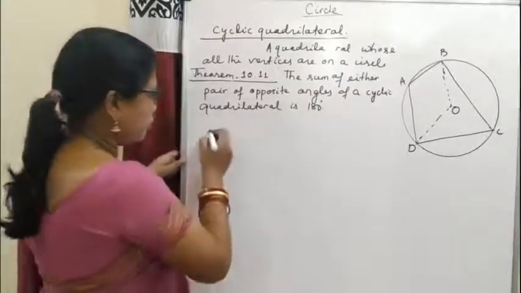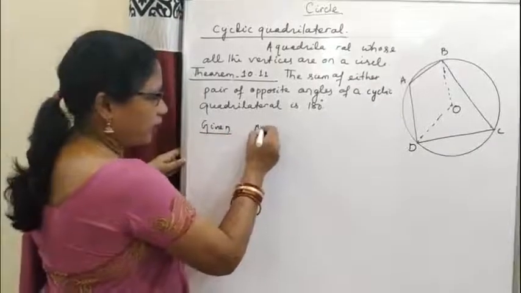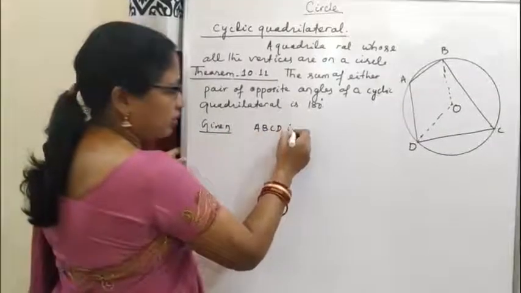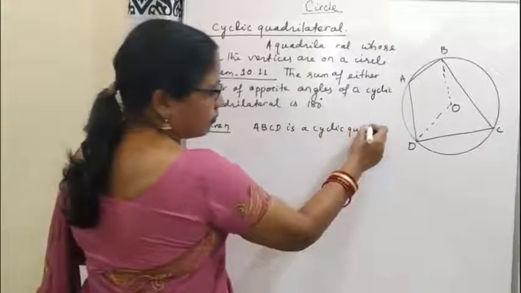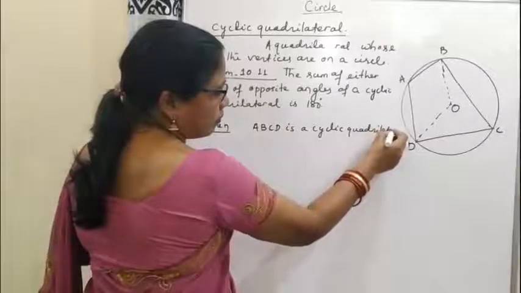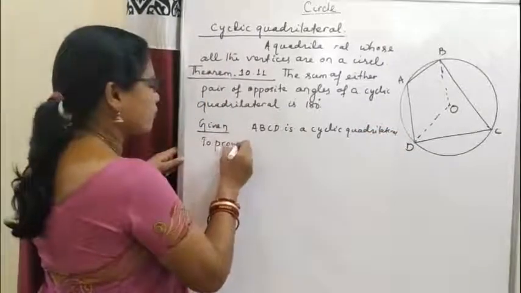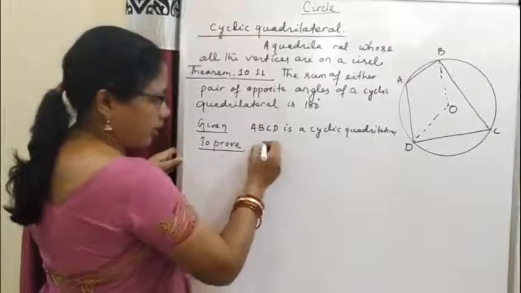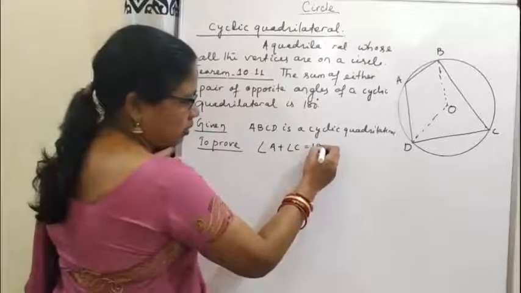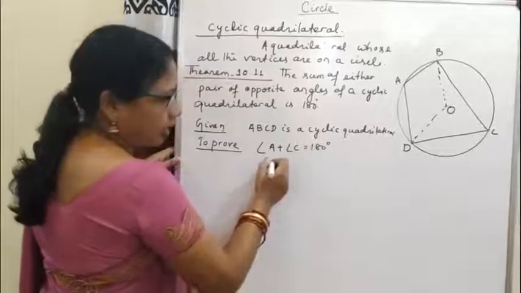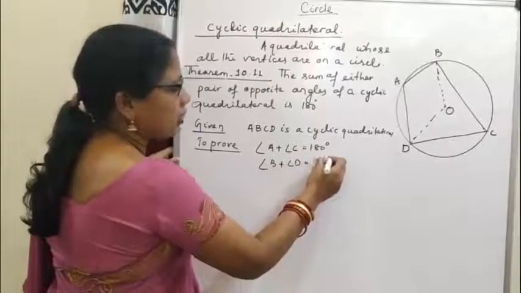So we have to prove. So here given, ABCD is a cyclic quadrilateral. We have to prove angle A plus angle C is equal to 180 degree and angle B plus angle D is equal to 180 degree.